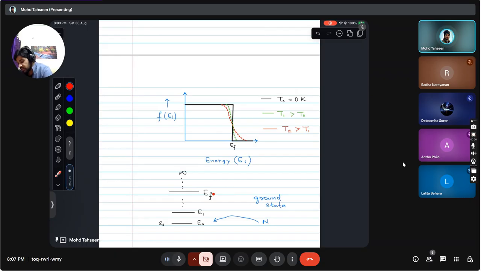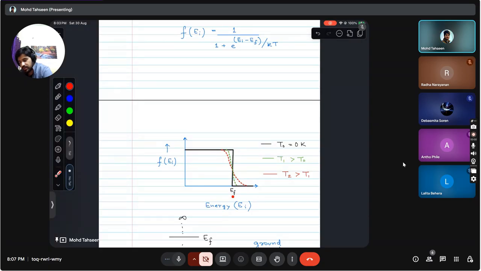So what this graph is saying is that at the ground state, till the energy value EF, this value is 1. All these energies are E naught, E1, E2, E3 and EF.